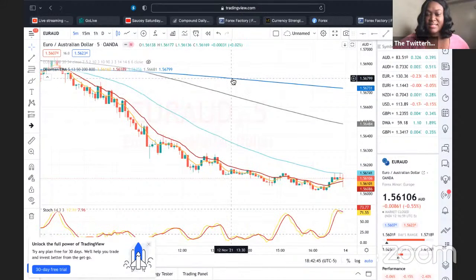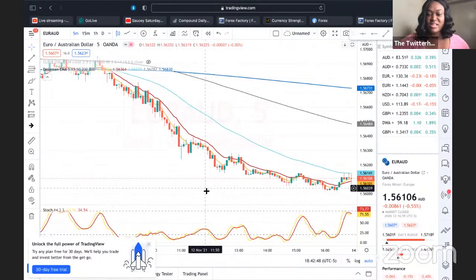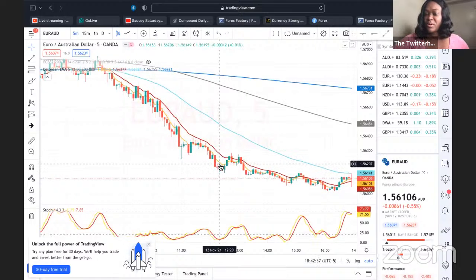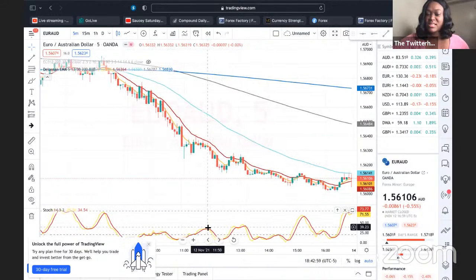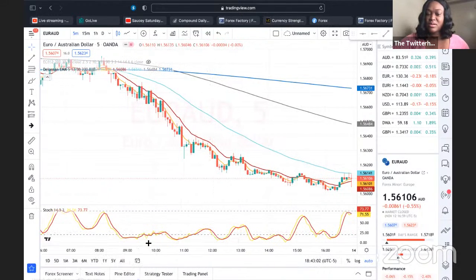You want to see that, and you want to have the stochastic mirroring the yellow and the red line up here. So with yellow being on the bottom, you want to see yellow on the bottom and red on top, just the same, right? You have that, and you're waiting on your entry. Your entry price is when the candle hits that yellow line, right? As long as things are looking perfect on the stochastic, you can take this trade with confidence.